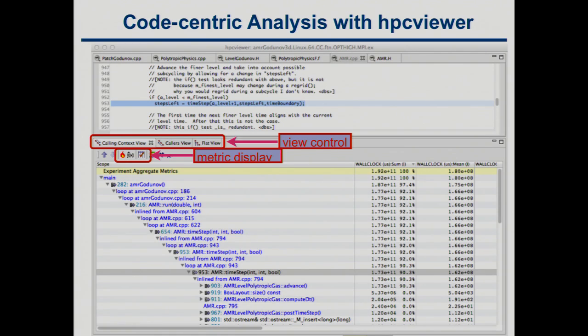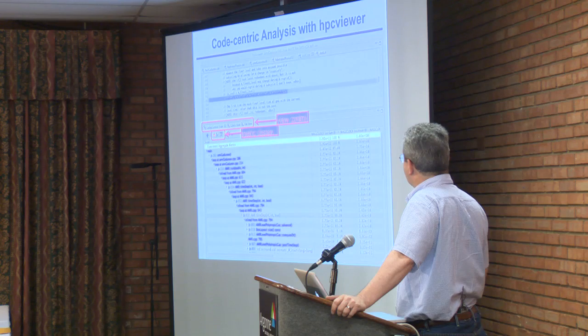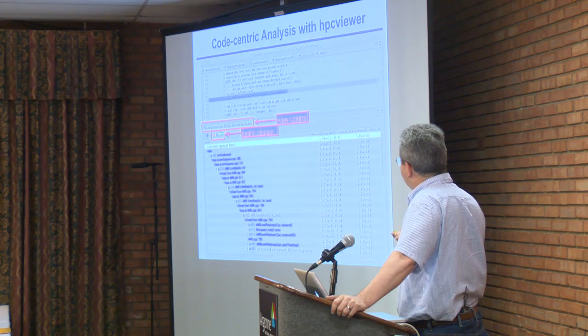I want to know that 30% of the time was spent in MPI wait when called from the ocean solver, and 20% from the atmosphere solver, and the rest from somewhere else. Then there's also a flat view that shows you how much time was spent in each of the functions and loop nests, without regard for how we got here.